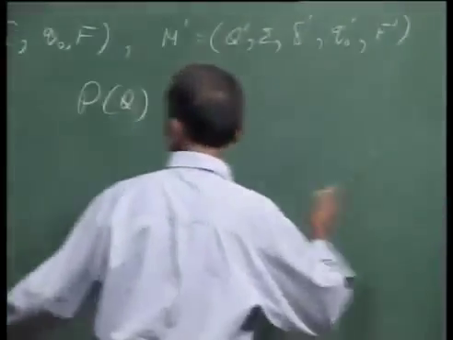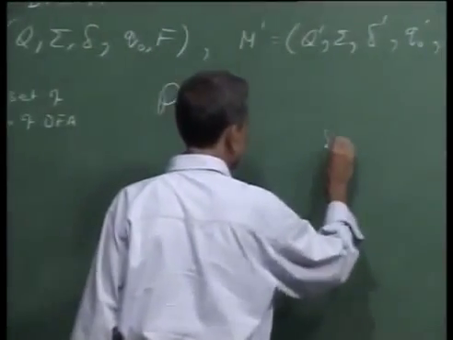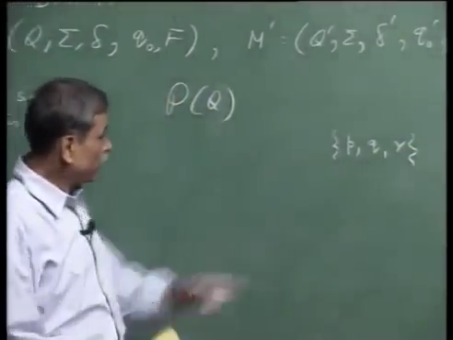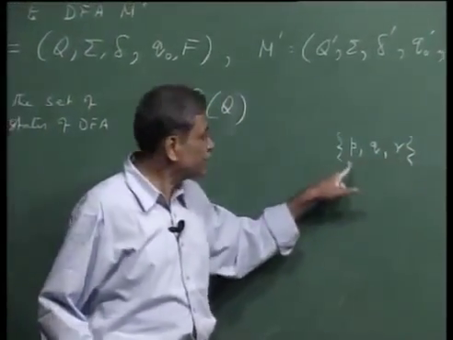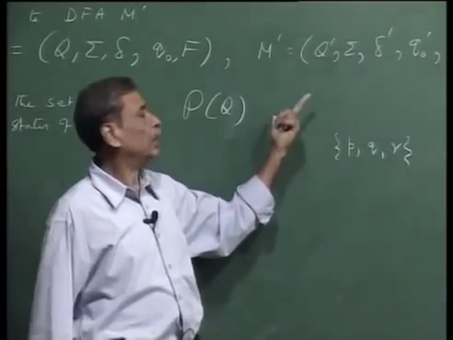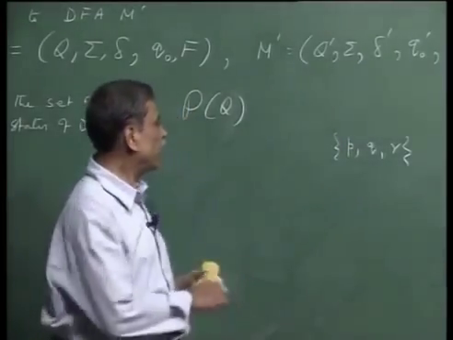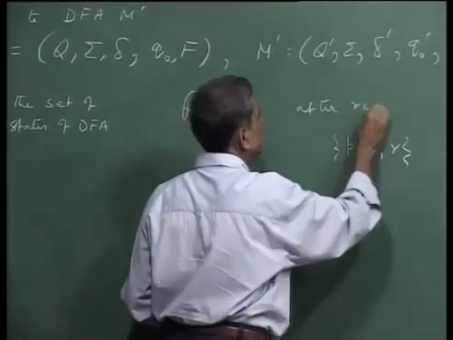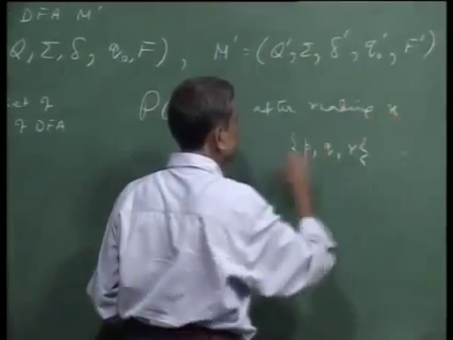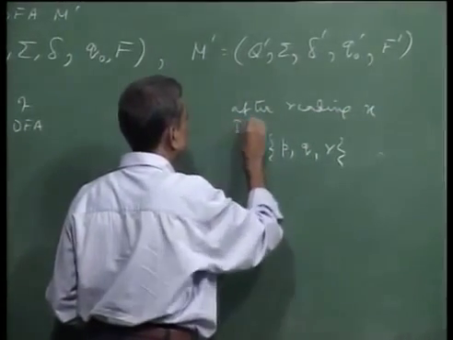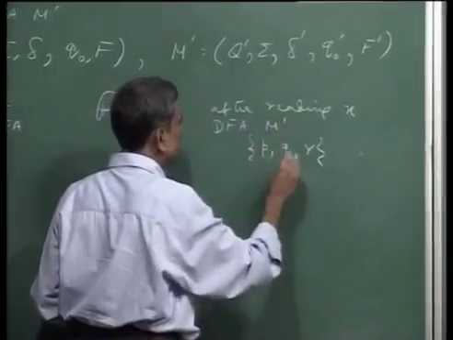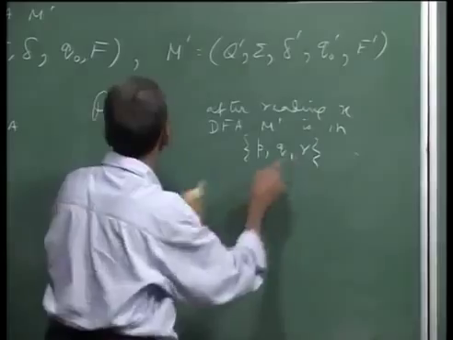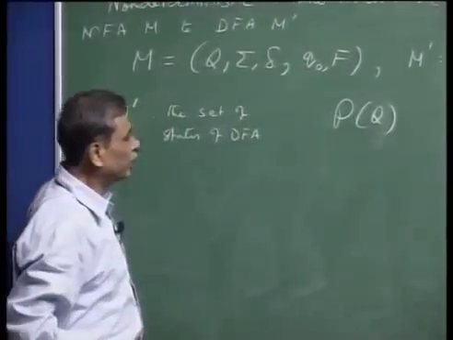So, for example, if the DFA is in this state, where each P, Q and R is a state of the NFA after reading X, the DFA M dash is in, now this is a state of the DFA.